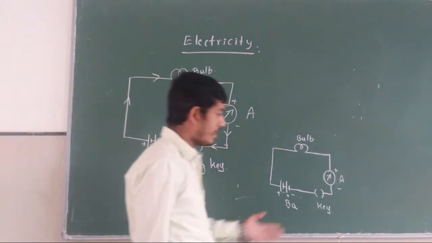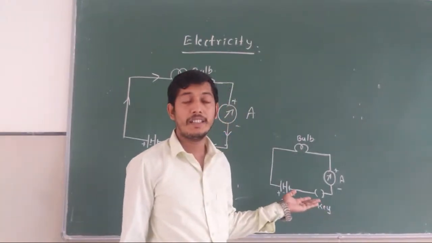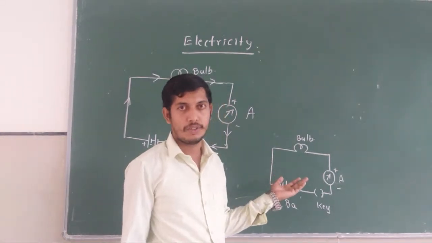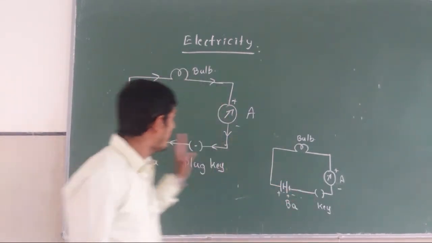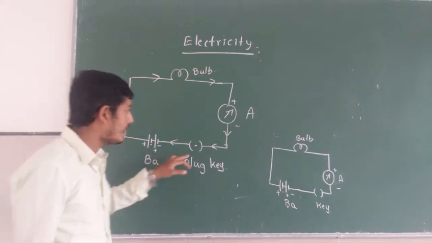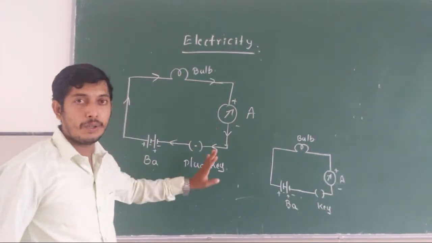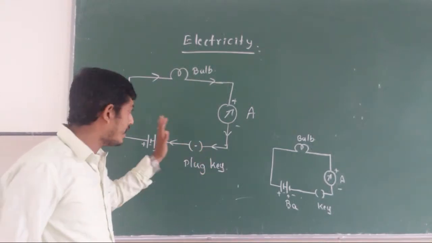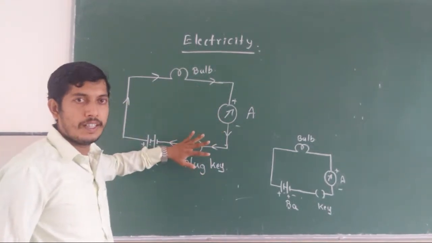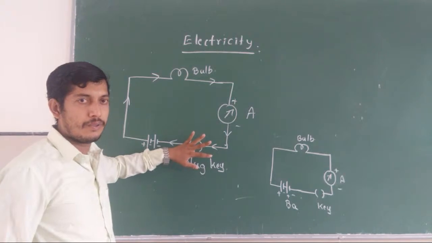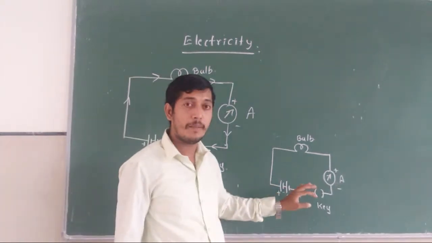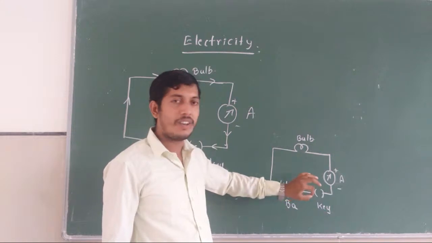In this case, the key is open. That's why it is called an open circuit. The first diagram is a closed circuit because it forms a circle, so it becomes a complete circuit. When it becomes a complete circuit, then electricity will flow in this circuit. And here in the second case, the key is not inserted.